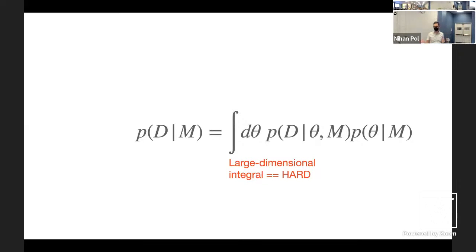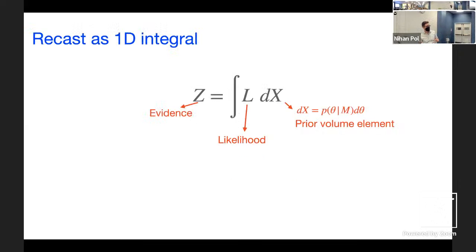So this is a large dimensional integral. We've already complained that large dimensional integrals are really hard to do. And so the whole idea behind nested sampling and another approach for calculating the evidence called thermodynamic integration is to recast this as a one-dimensional integral because we know how to do those. So we're just going to assert that this is a one-dimensional integral, and we're just going to change the notation here so that it matches the literature on this stuff.